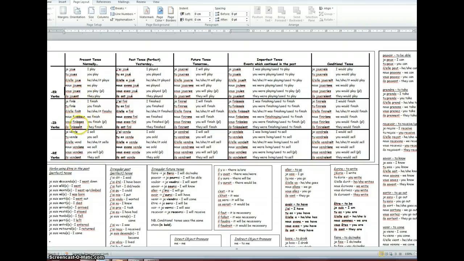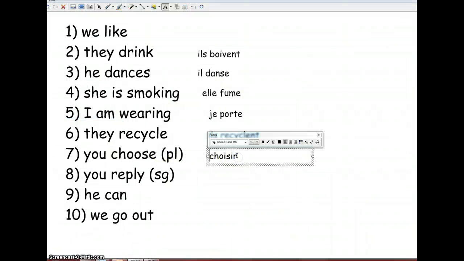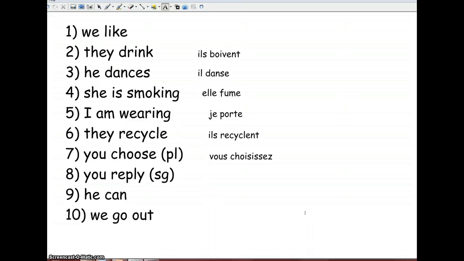This time we've got ISS-EZ. So it's important you're in the right box for the IR verbs. So again, same process in that we take off the IR, but then this time the ending ISS-EZ. And again, we need to put our vous in to have the word for you there. You choose, vous choisissez. Okay, good.